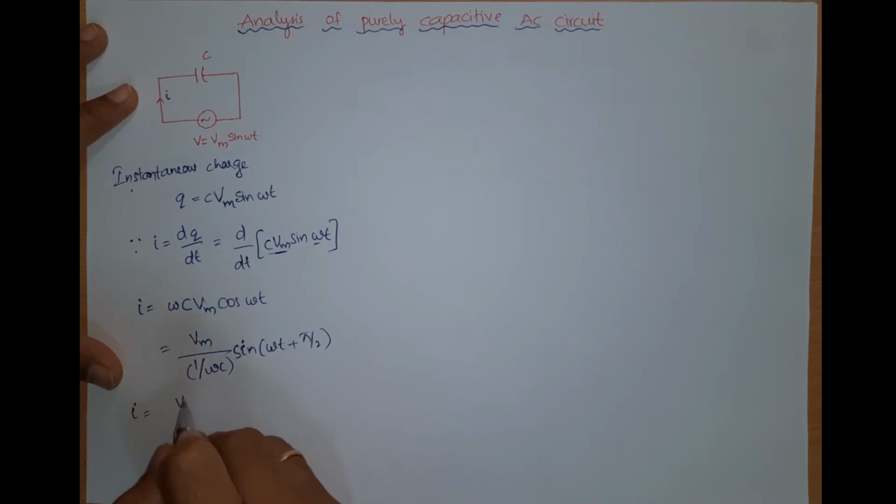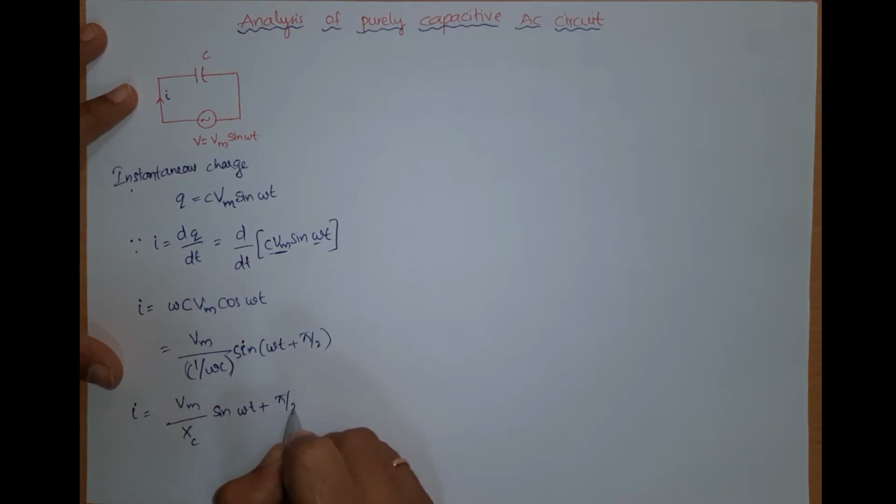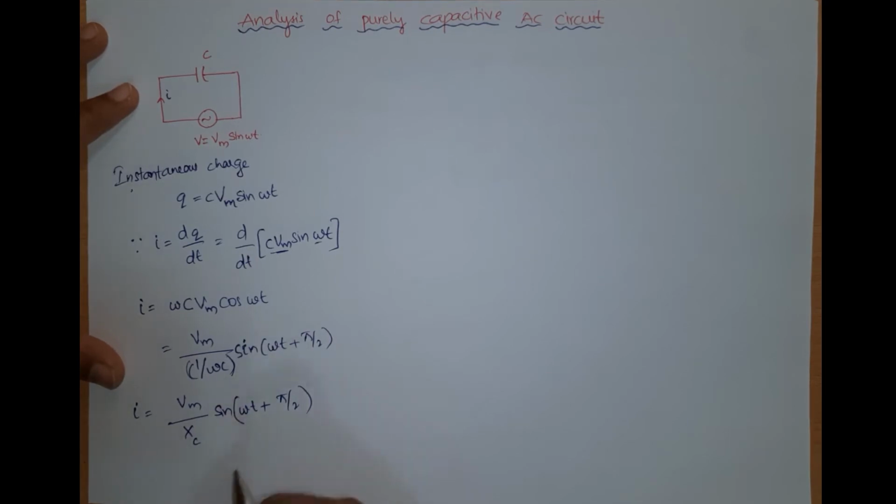So I get I equals Vm by Xc, sin of omega t plus pi by 2, where Xc is 1 by omega C. This is called the capacitive reactance.